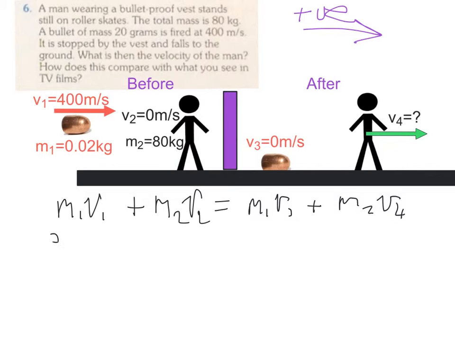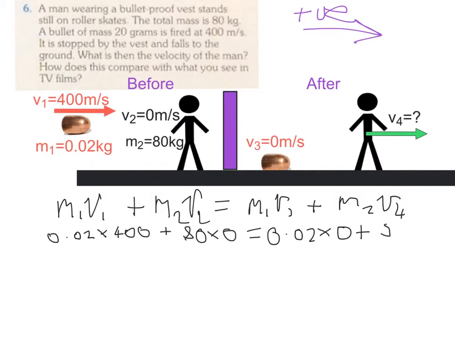So we've got 0.02 times 400 added to 80 kilograms times nothing, and that's equal to 0.02 times 0 added to 80 kilograms times v4.